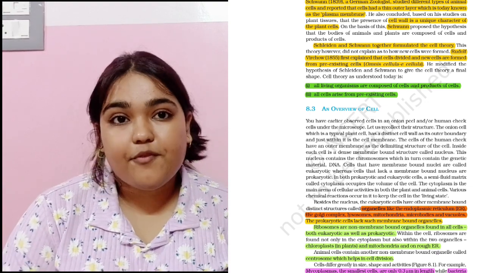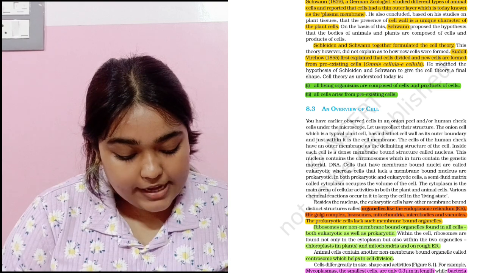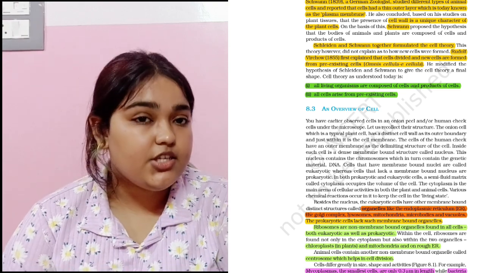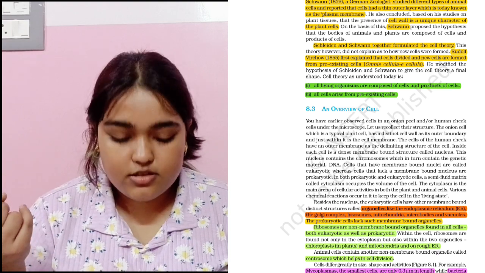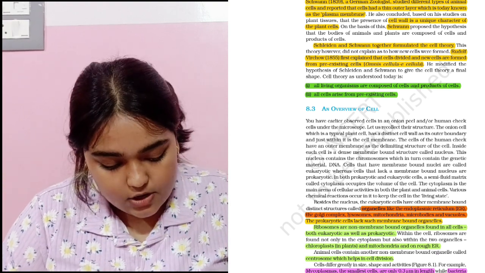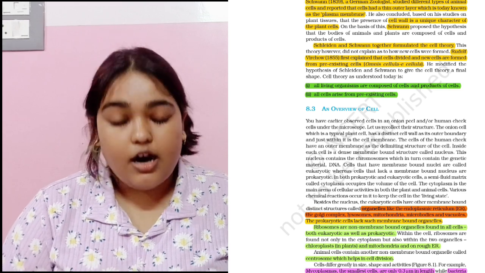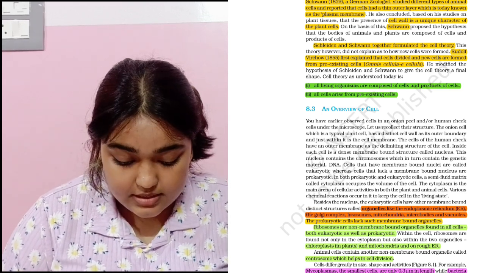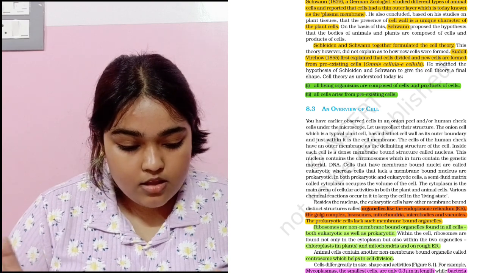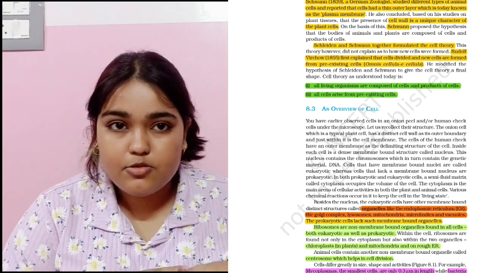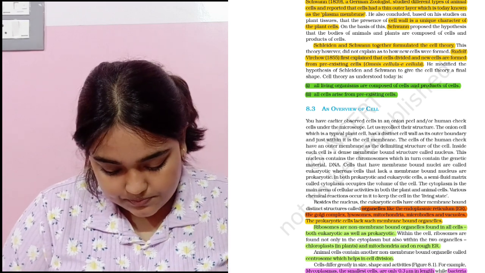What is the meaning of rough ER? ER means endoplasmic reticulum. Endoplasmic reticulum is of two types: smooth and rough. Smooth means only endoplasmic reticulum is present. Rough endoplasmic reticulum means that ribosomes are present on the endoplasmic reticulum. So the location of ribosome also includes that.